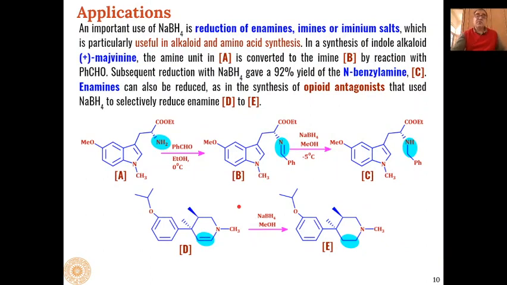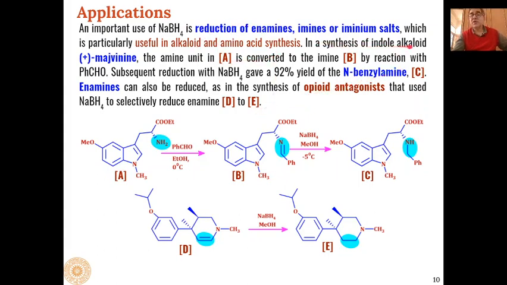Then some important applications of sodium borohydride reduction. This can be used for the reduction of enamines, imines, and iminium salts. All the products formed by reduction of these types of compounds are very useful in alkaloid synthesis and amino acid synthesis.